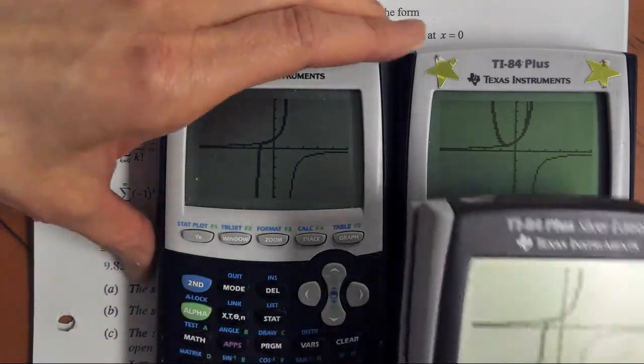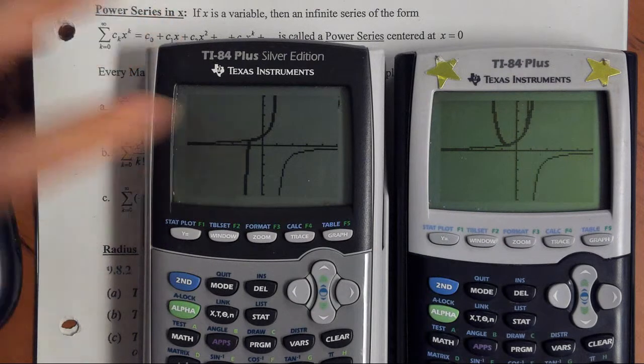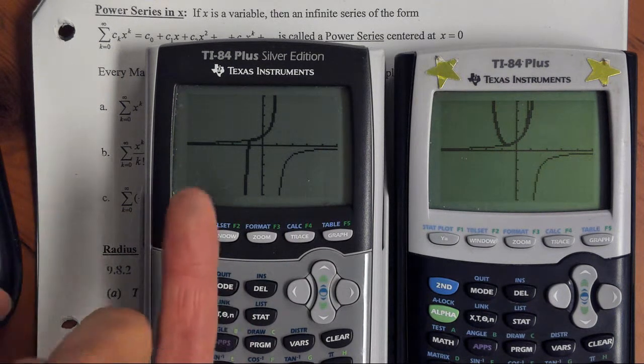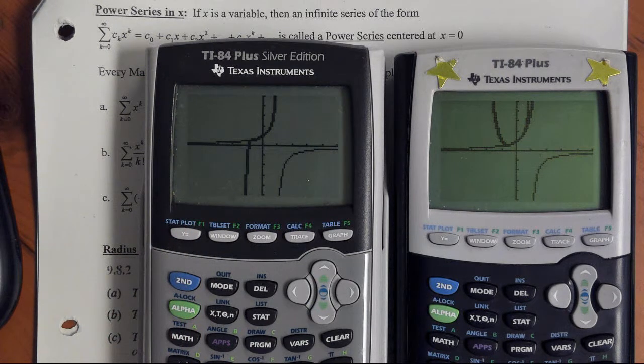Okay, and then we have Brooks, which is about like this. Oh, it's still going. Yeah, it's still going. Okay, so do you see that even up to the 17th power, did you get yours to graph, Brandon? Yeah. All right, so can I see yours for just a second? The 20th? Okay, so here's the 20th.